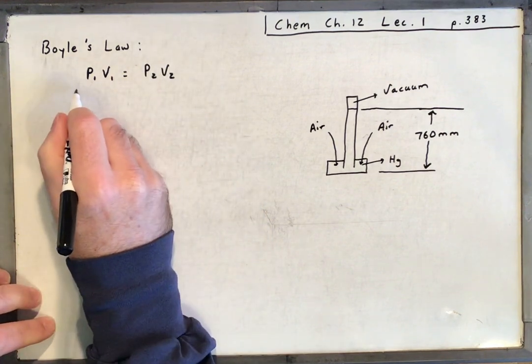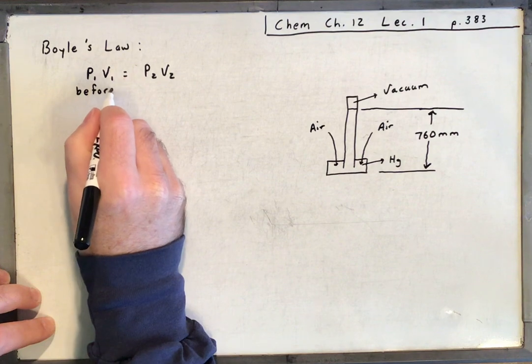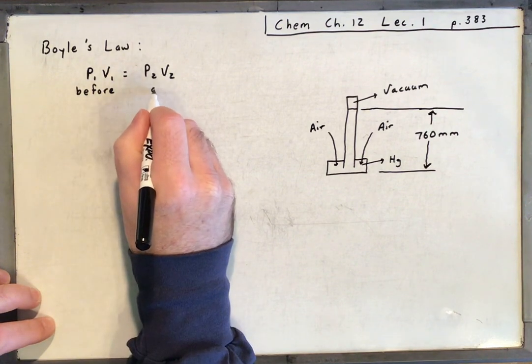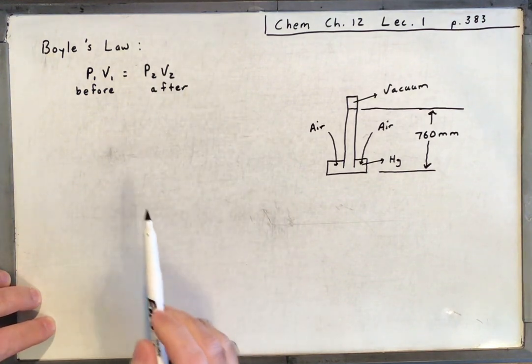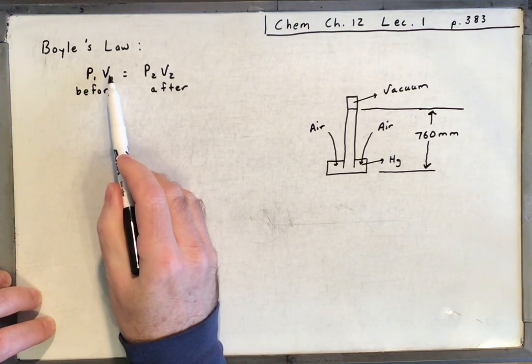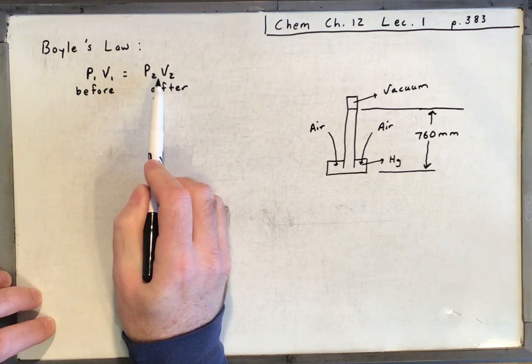This is your original condition, we could call that before. And let's say some things change, and this would be after. So let's say volume changes, then pressure would adjust to change.